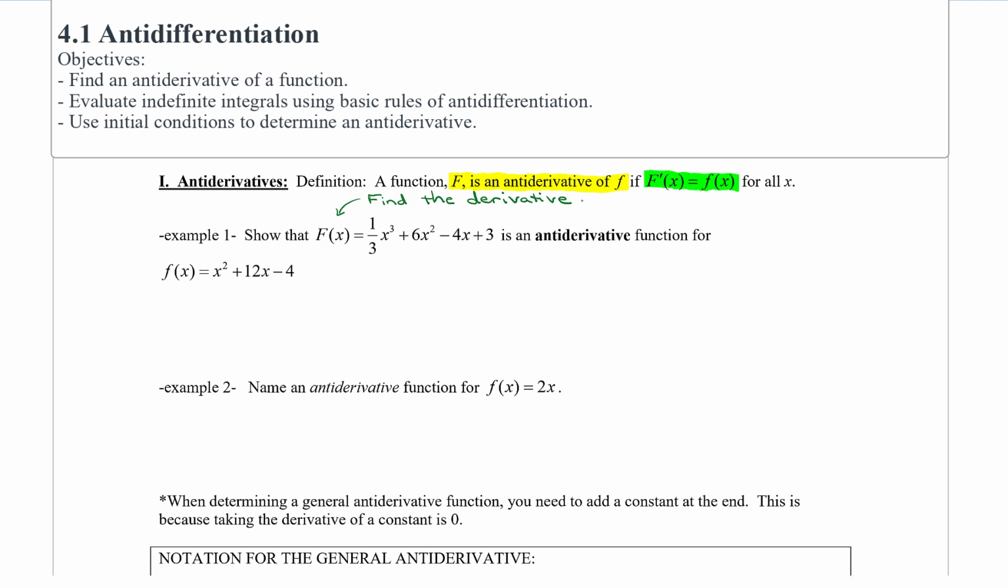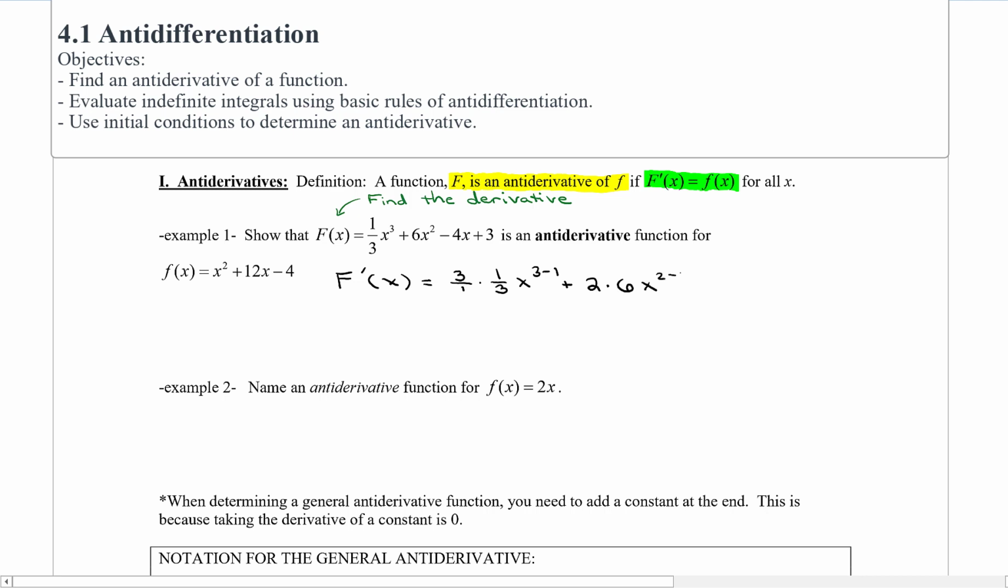The derivative of uppercase F of x is going to be equal to 3 times 1/3 times x raised to the 3 minus 1 power plus 2 times 6 times x raised to the 2 minus 1 power minus 1 times 4 times x raised to the 1 minus 1 power plus, and I'm just going to write 0 for this because the derivative of any constant is 0.